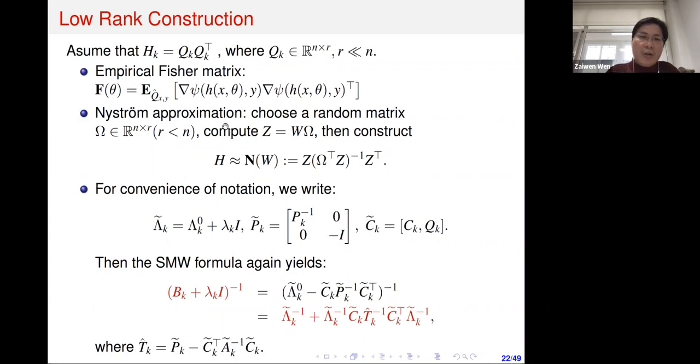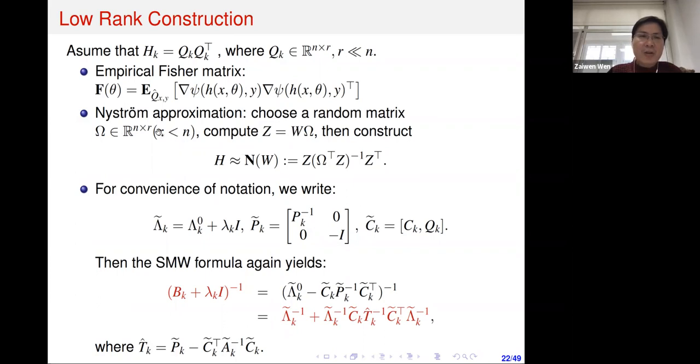Or we can also construct a low-rank matrix by using the so-called Nyström approximation. Suppose W is the original matrix. It itself can be expensive, but you can still afford to compute a matrix multiplication at once.